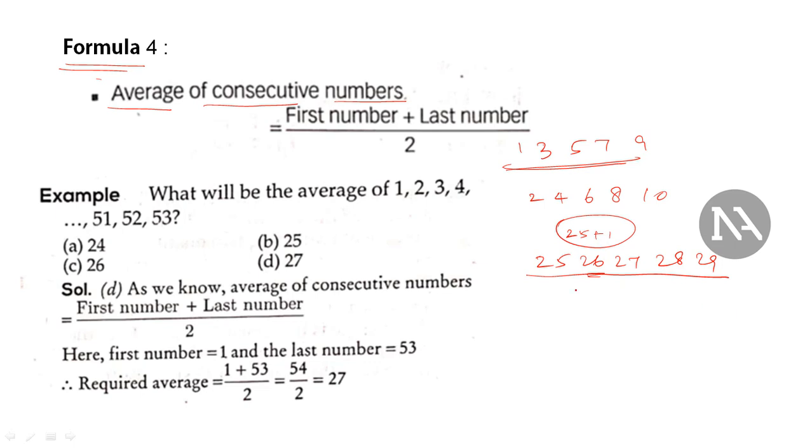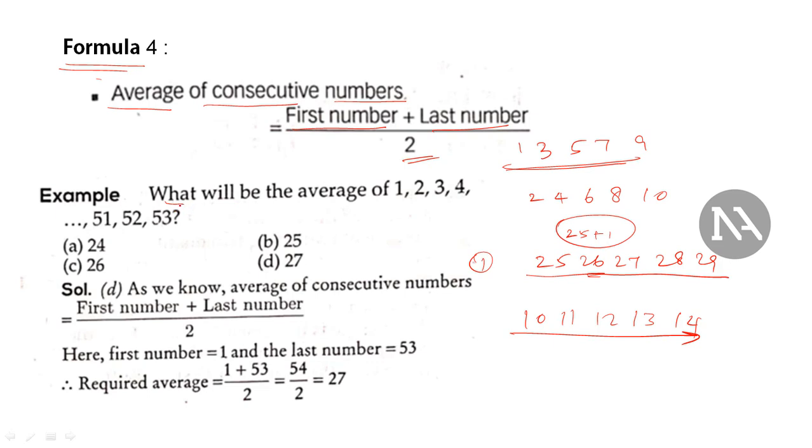So it need not be started from 1, right? Formula 1 is for numbers that must start from 1. Here this formula is for consecutive numbers. It can start from 10, 11, 12, 13, 14, but they need to be consecutive. Here the formula is first number plus last number divided by 2.